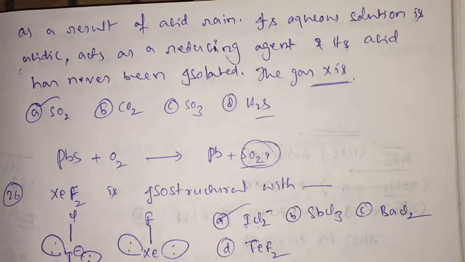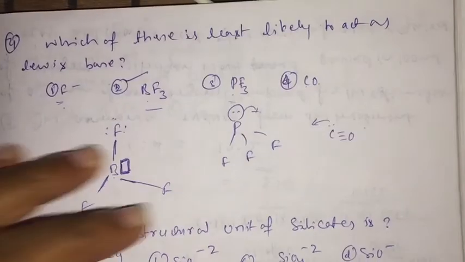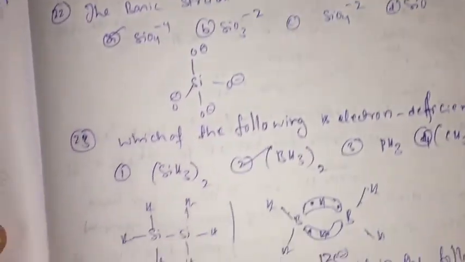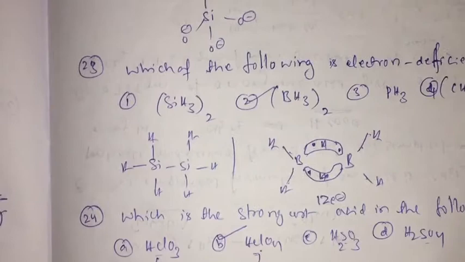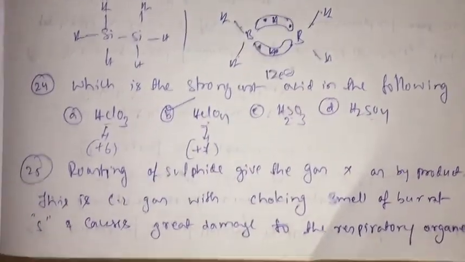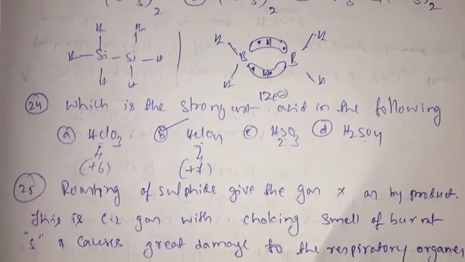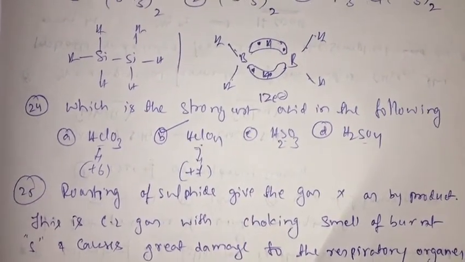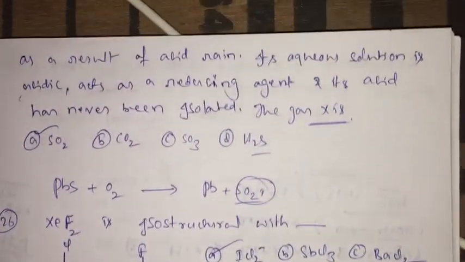Its aqueous solution is acidic, it acts as a reducing agent, and its acid has never been isolated. So you can say the answer is sulfur dioxide. Roasting of sulfide gives X, so it is sulfur related. A colorless gas with a choking smell, burnt sulfur causes great damage to the respiratory organs, so this is sulfur dioxide or sulfur trioxide.